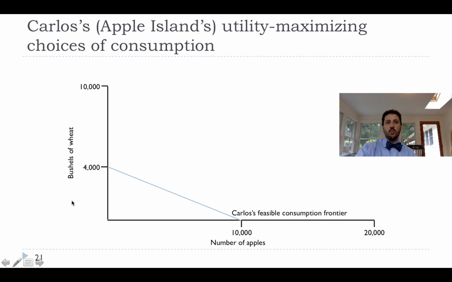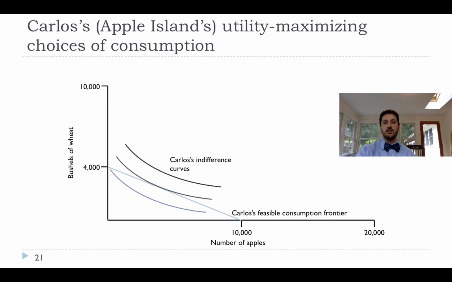So let's think about what Carlos's utility maximizing choice of consumption is when those islands are separated, when there's no trade between them. So here are Carlos's indifference curves, right? And we know that indifference curves from microeconomics increase utility as we move away from the origin. So this one at the bottom is a lower utility, this one in the middle is a higher utility, and this one at the top is the highest utility.